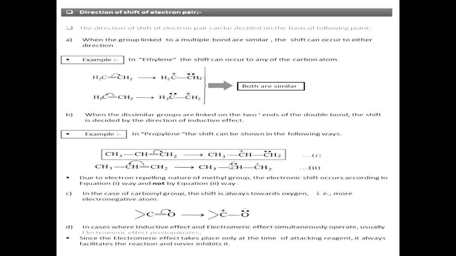Now if you see the direct shift of an electron pair, in some cases, without any external effect or anything, the electrons directly move towards one side and polarity is generated. For example, ethene. In the case of ethene, the electrons of the pi bond move from one carbon towards the other carbon, and we get a negative charge at one carbon and a positive charge at the other. So this is a direct electron pair move in the molecule.